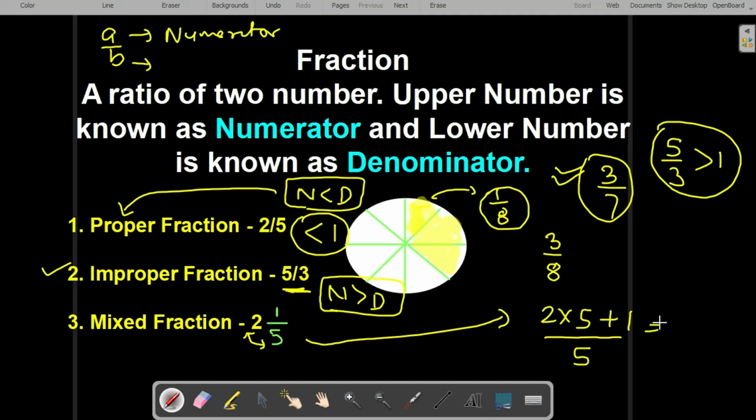If you multiply, what you will get here is 11/5. This is again an improper fraction. So an improper fraction we can express as a mixed fraction, and a mixed fraction we can convert into an improper fraction. So these are the 3 types of fractions.